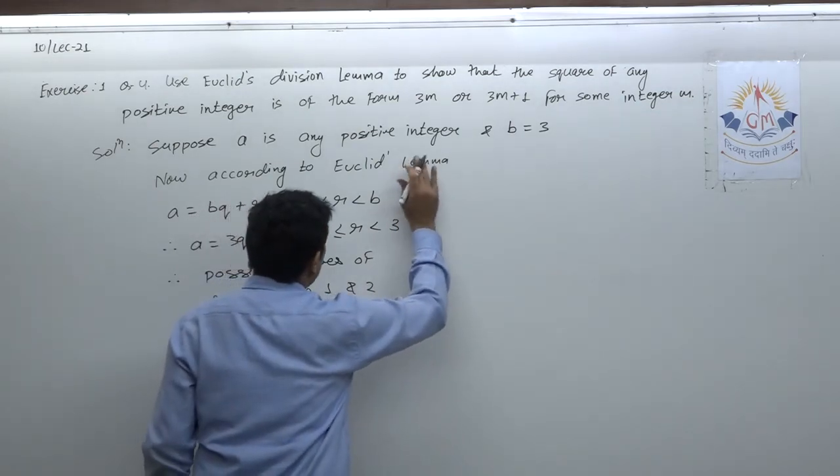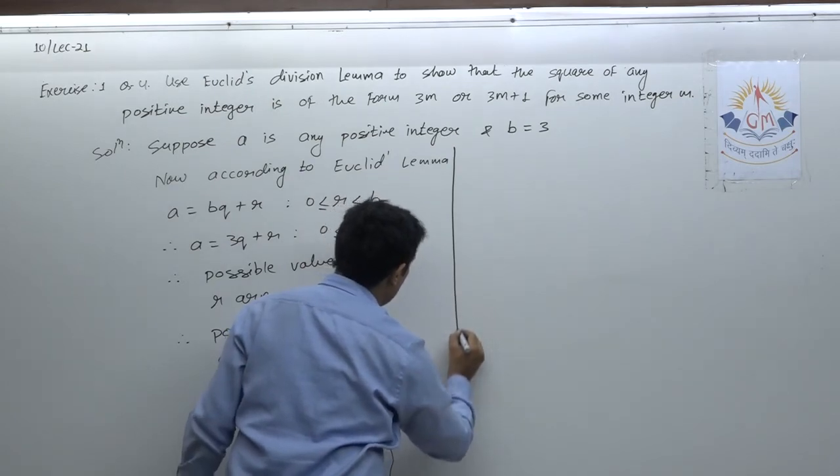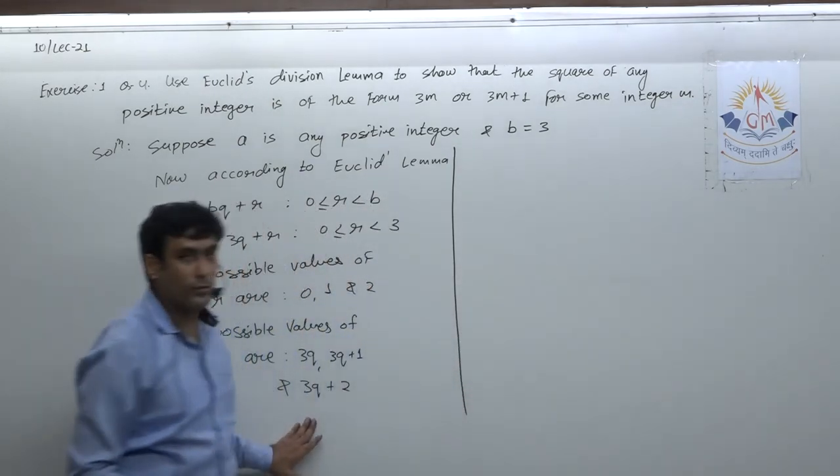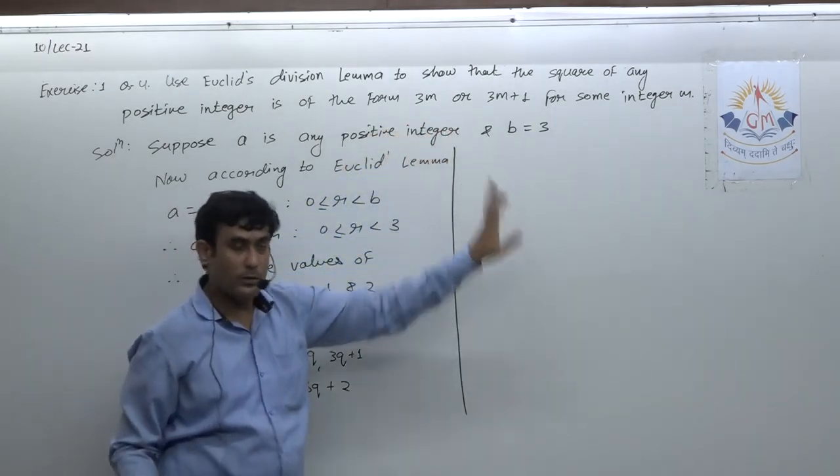Now we have to see all three cases: when A equal to 3Q, when A equal to 3Q plus 1 and when A equal to 3Q plus 2, whether the square is in this form or not.